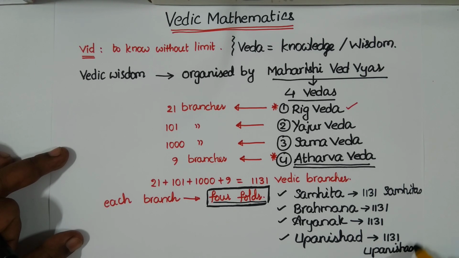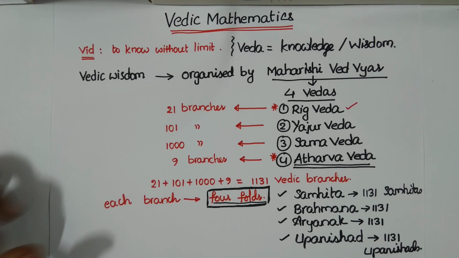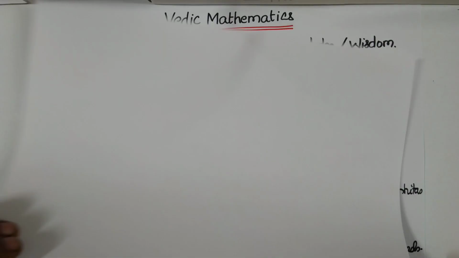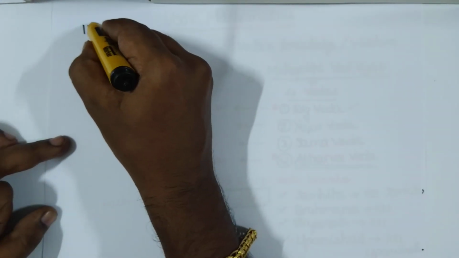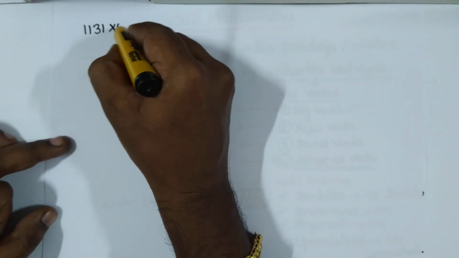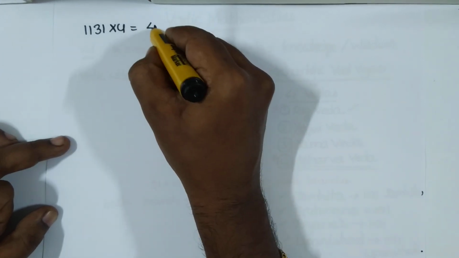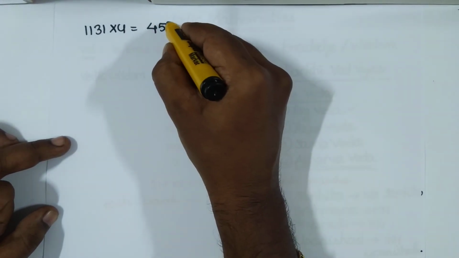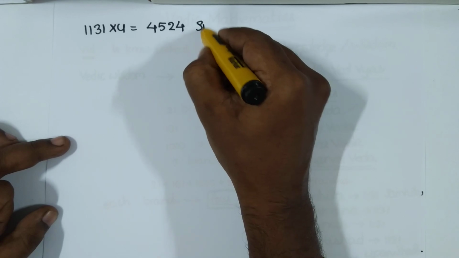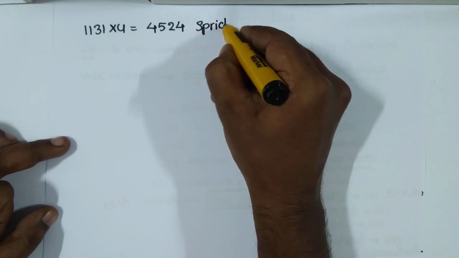So finally, if I sum up all these contributions, 1131 multiplied by 4 will be 4524, and these are your scriptures.